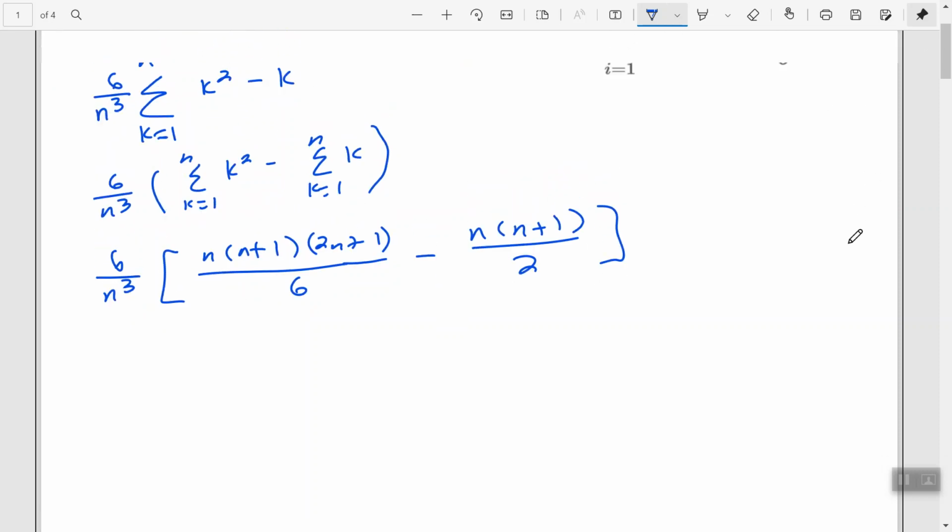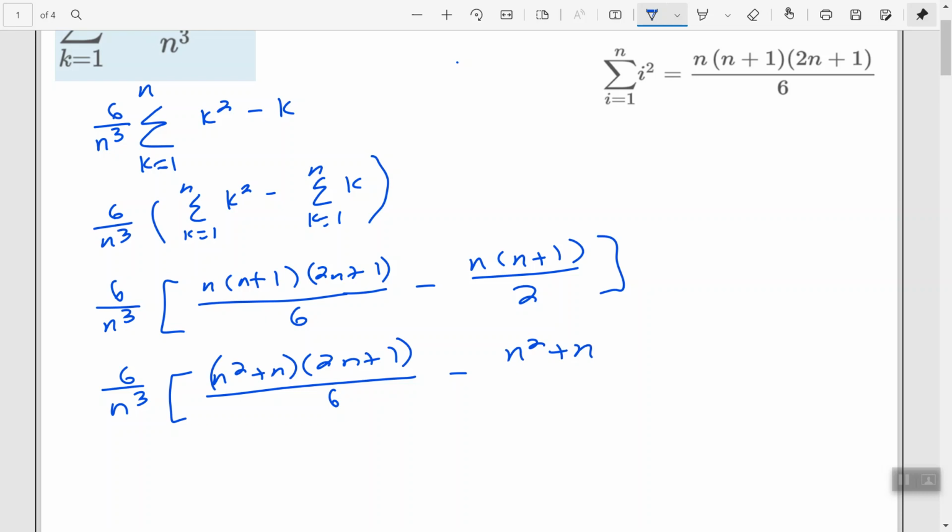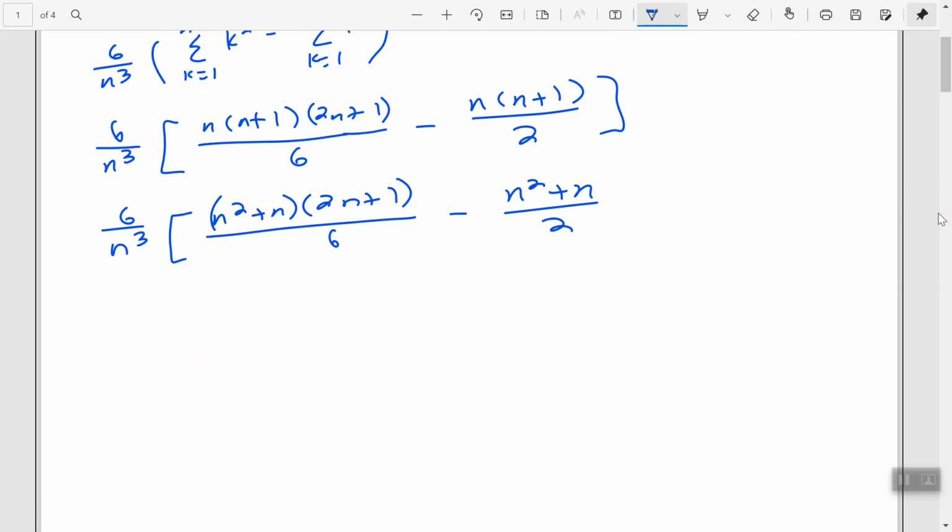All right, then from there, let's start simplifying on the inside. So if I distribute the n, that will give us n squared plus n. And I can go ahead and distribute the n there, so that will give us n squared plus n all over 2.